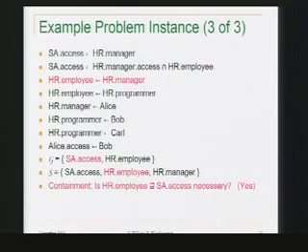So the third example illustrates containment, the most powerful form. It asks whether those who can get access are always going to be employees. And the answer to this turns out to be yes. Basically, there's no way to get access besides these first two rules. That's because SA.access is growth restricted, so we won't get any more statements defining it.